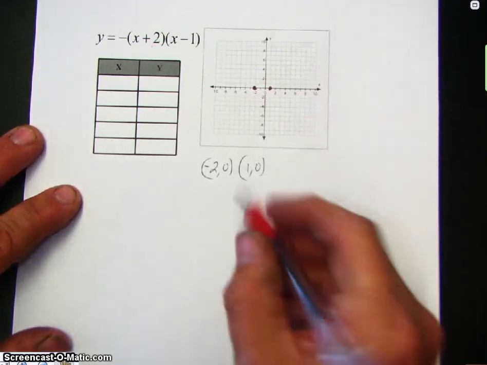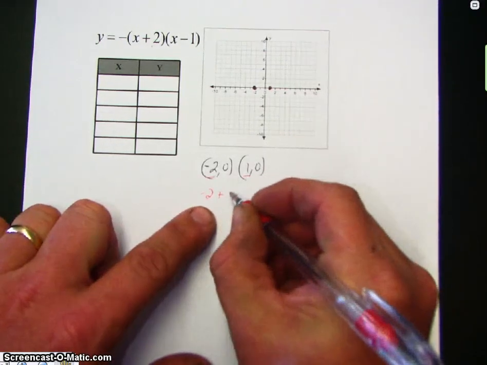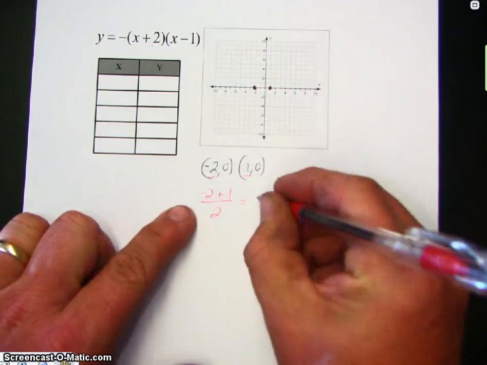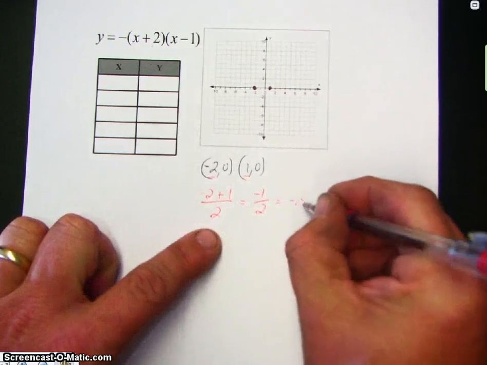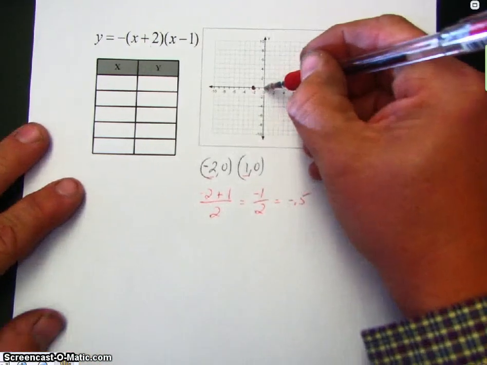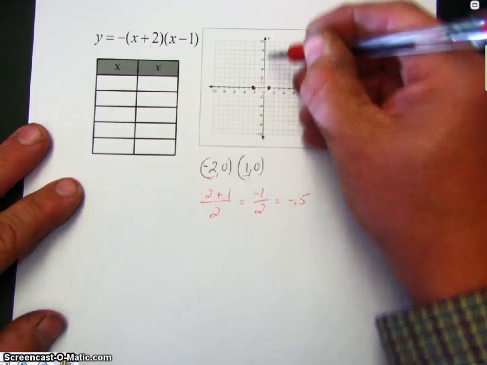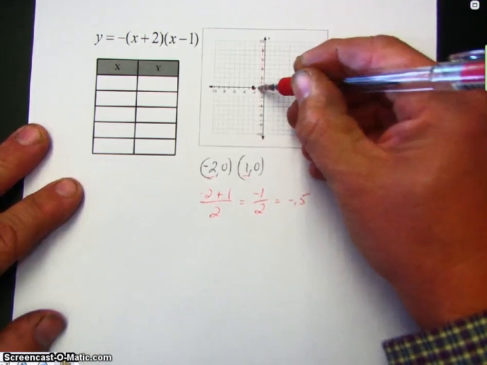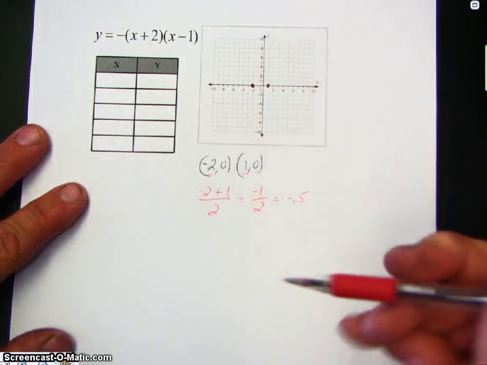So if we do that, we take -2 plus 1, we add them, and then divide by 2. So -2 plus 1 is -1, divided by 2 is -1/2, or -0.5. So here's 0, here's -1, so -0.5 is right in between 0 and -1. So my vertex will fall on this dotted line somewhere.